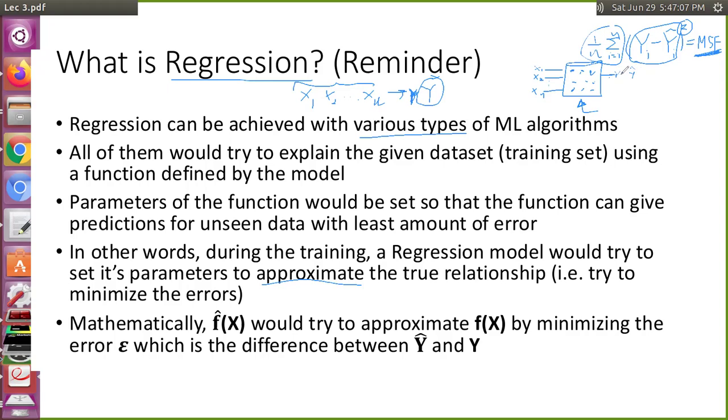So actually this is the predicted value, sorry, and this is the real y value. So this y hat is trying to approximate this real label value, and that is the objective of this algorithm.